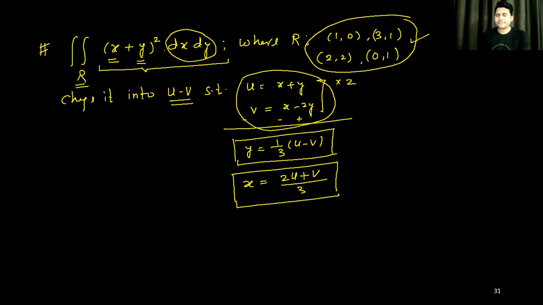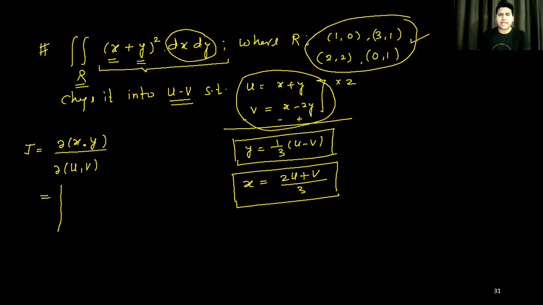Let us find it. So what will be the Jacobian over here? Jacobian, that is the partial derivative of the existing variables with respect to the new variables, that is x, y with respect to u, v. Put these values and it will be what? Del x upon del u.